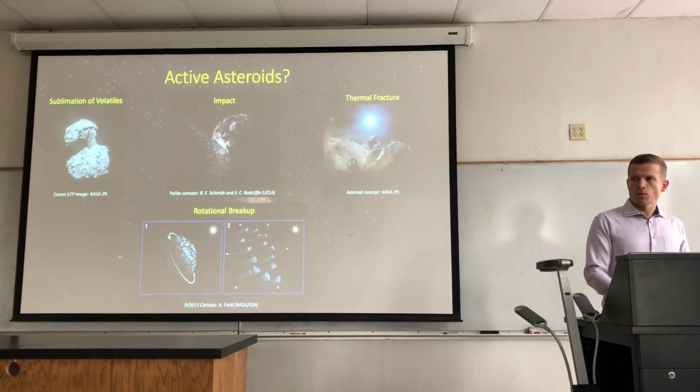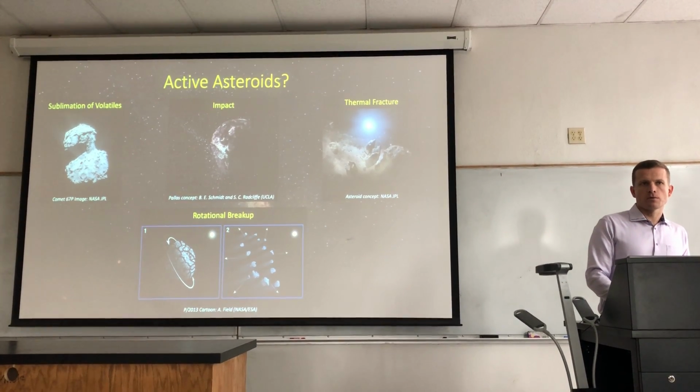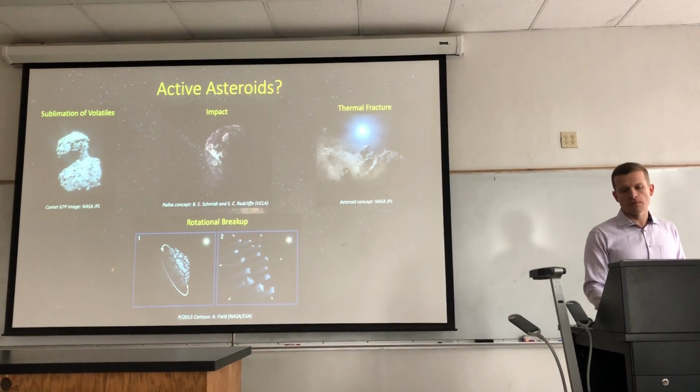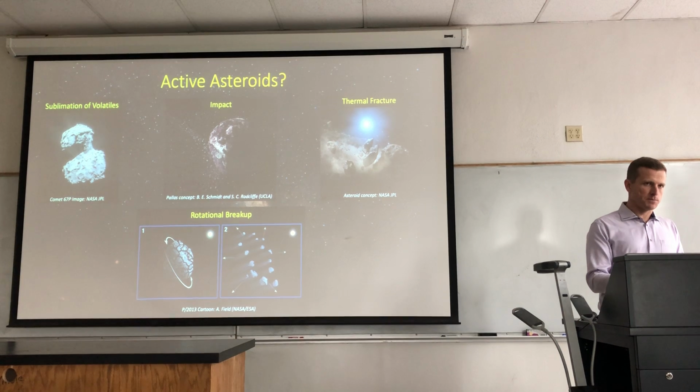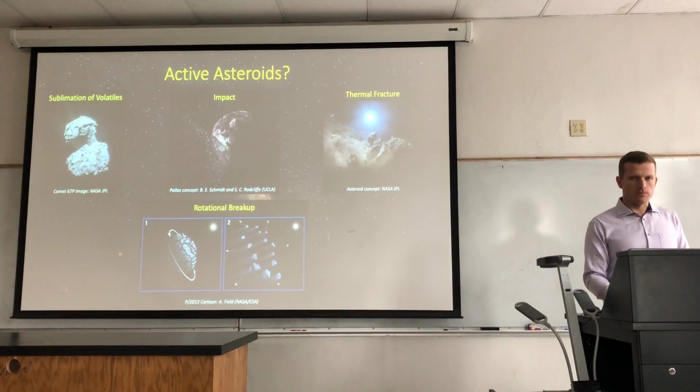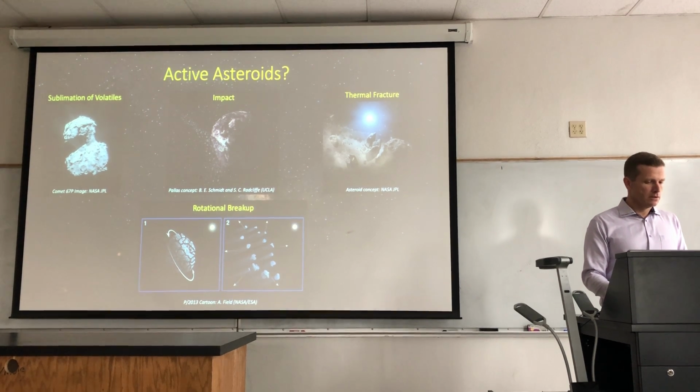And then for the one that I just showed you a picture of, it's thought that probably this is rotational breakup, where for dynamic and physical reasons, the thing ends up spinning faster and faster to the point it can't hold itself together anymore. And that depends on the strength of that body.